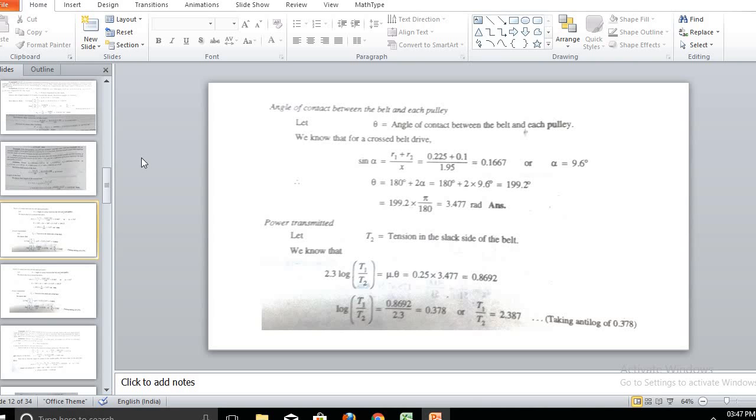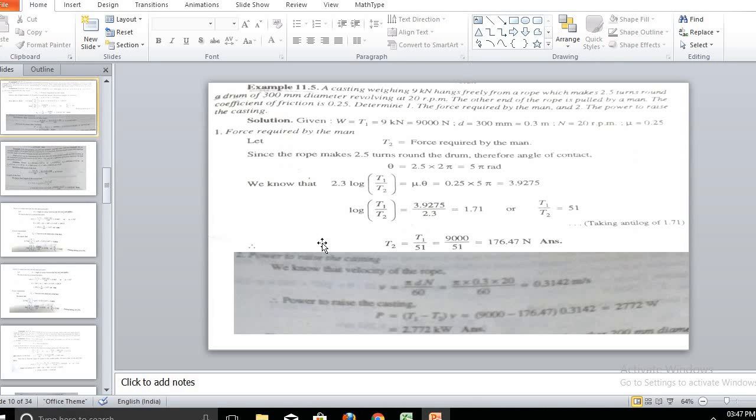As soon as you find the T2 value, you put it into the power formula that we already used: P is equal to (T1 minus T2) into V. T1 is given to you as 1000 Newton, T2 you already calculated, V you already calculated. Just put all these values and you can find the power.